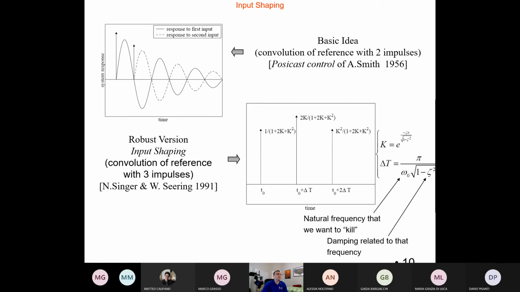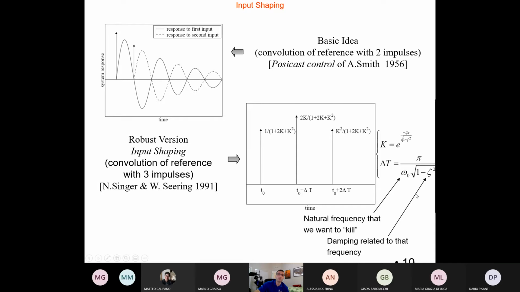If I am focusing on the first mode of vibration of the flexible link, the first omega, which is usually the most important because it corresponds to the highest deformation, then I design the input shaper to do this.